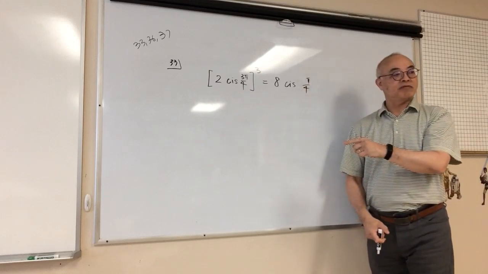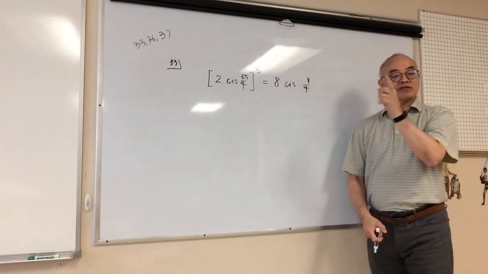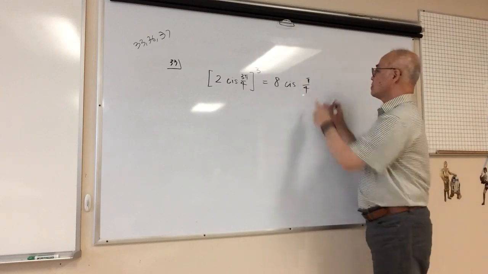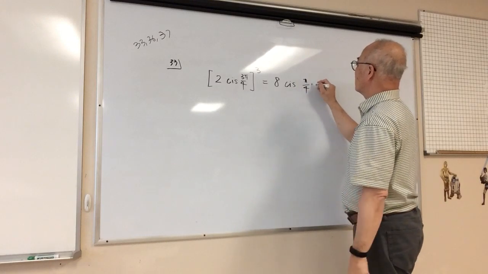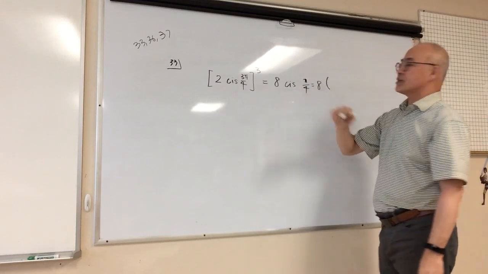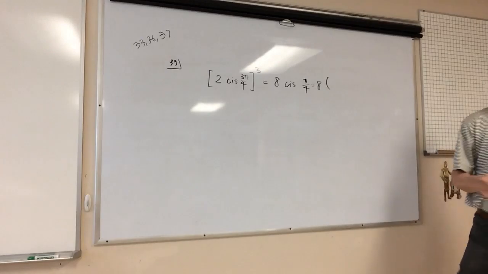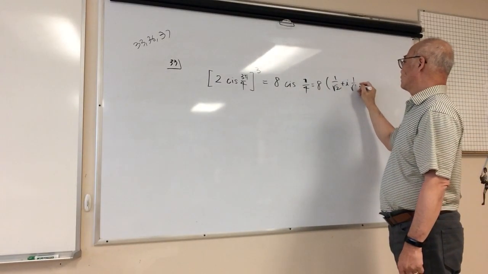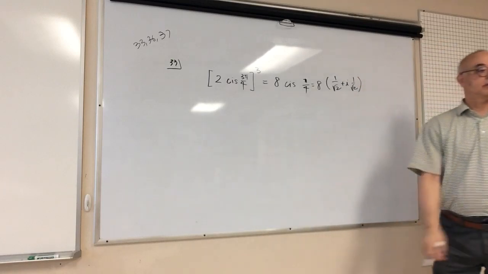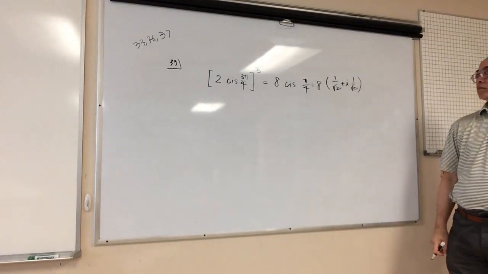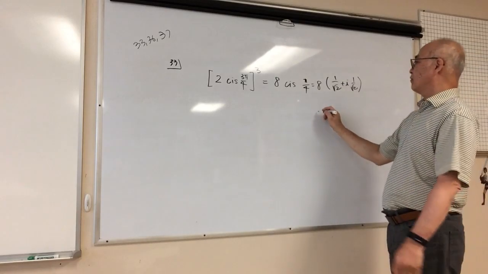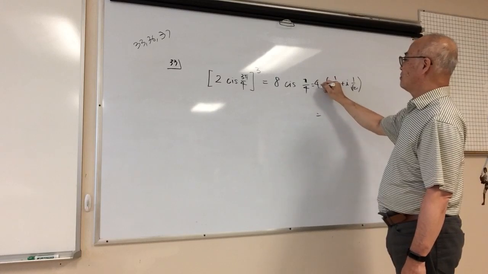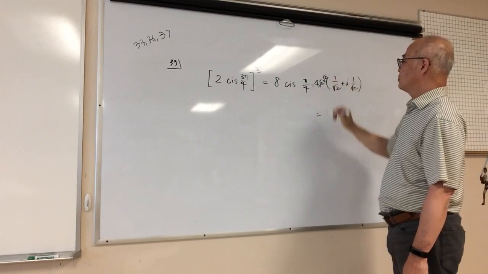Why is it the same as pi over 4? Because I just turn, it's 2 pi and then pi over 4, right? So it's basically pi over 4, 8 times. What is cosine pi over 4? They're the same, right? So actually, if you wanted to go further, I can say 4 root 2 times root 2.